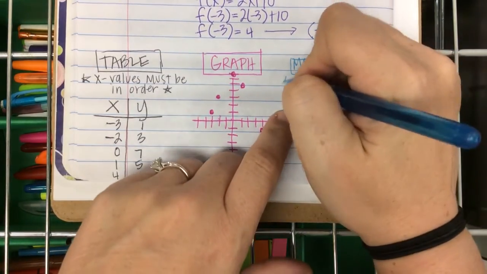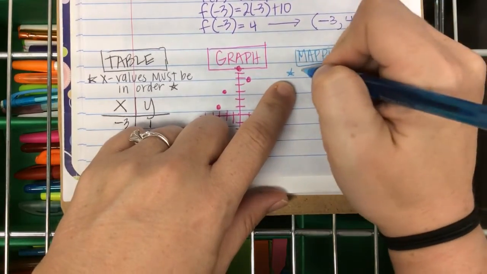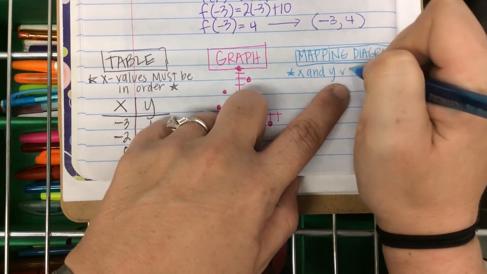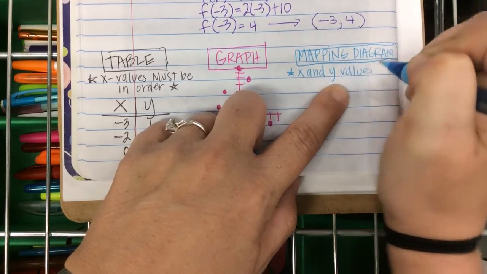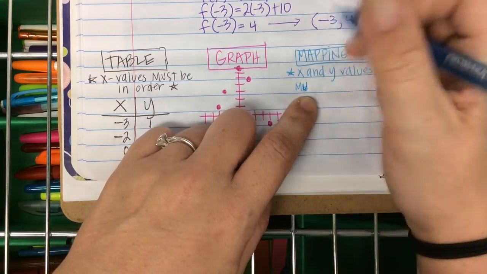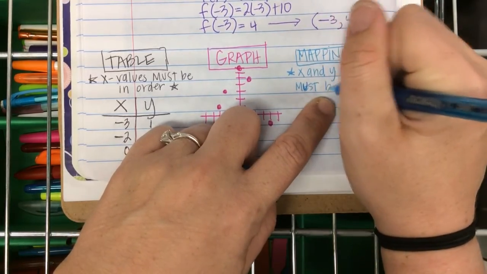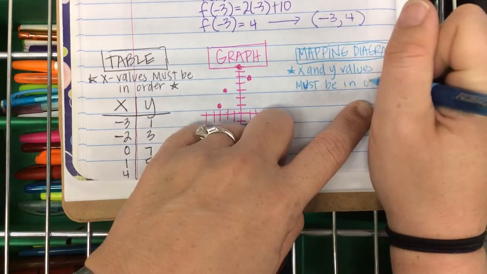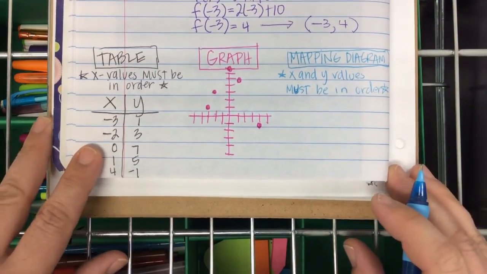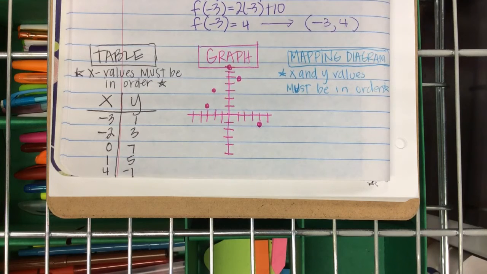So mapping diagrams, the x and y values must, is spelled with a U, not an E, be in order. So a mapping diagram, you must have your x values and you must have your y values in order.